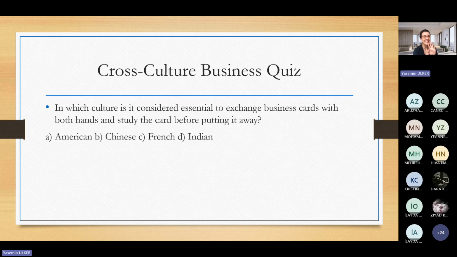I will give you a chance, but give me a second. Let's use the chat box because I want everybody to participate. Please use the chat box. I will announce at the end.